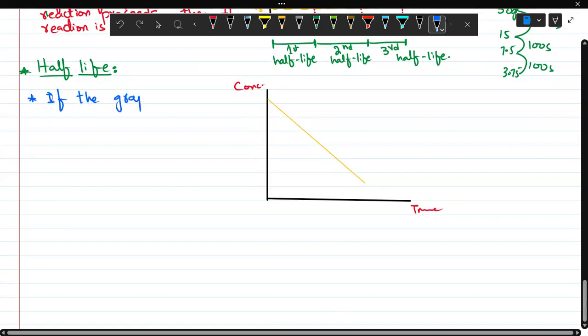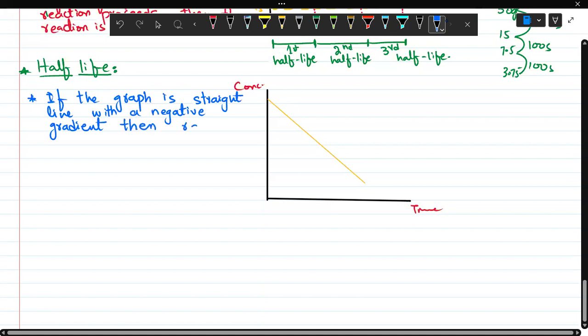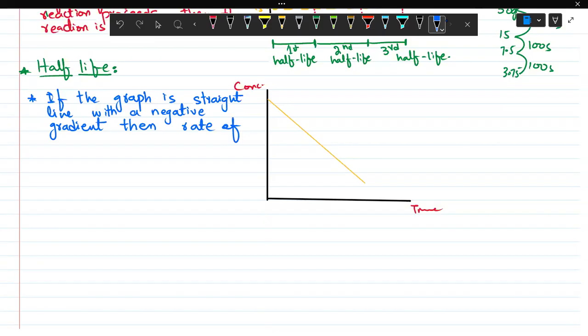If the graph is straight line, what does the negative gradient mean? What does this negative gradient mean? The curve is declining. Yeah. That is why it is a negative gradient.